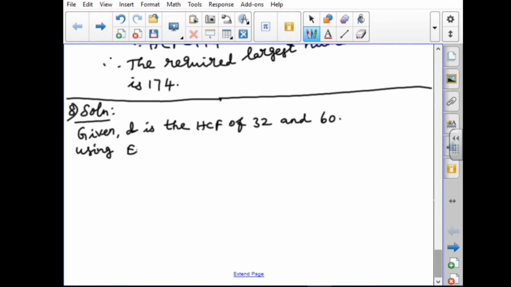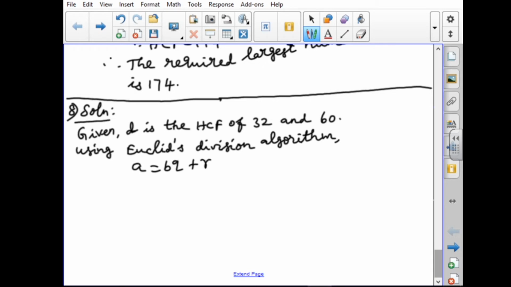Using Euclid's division algorithm, a equals bq plus r.